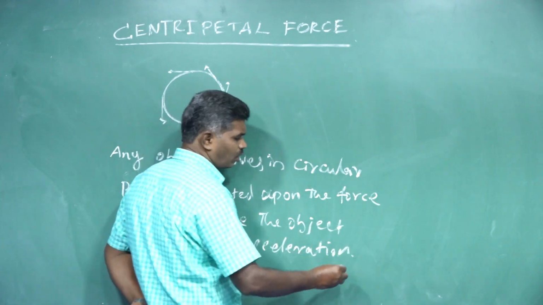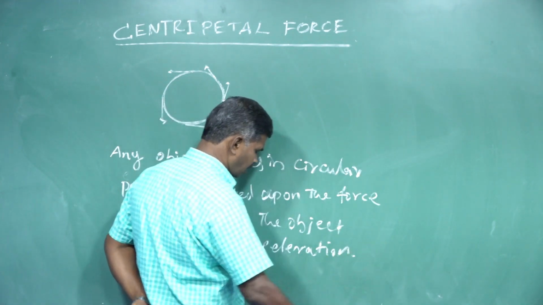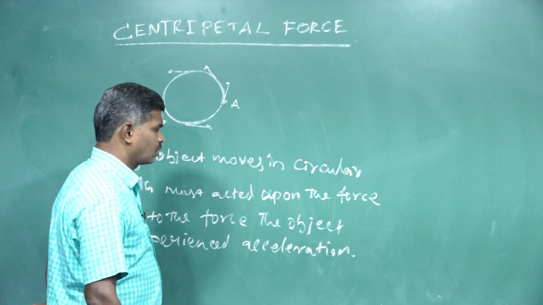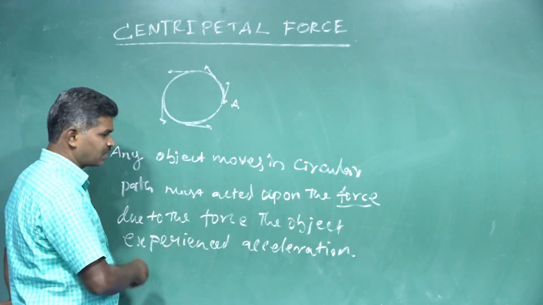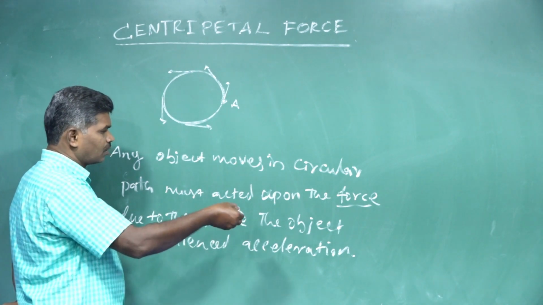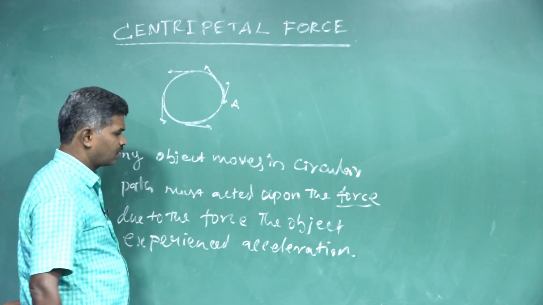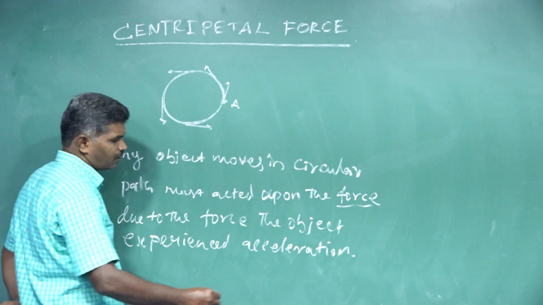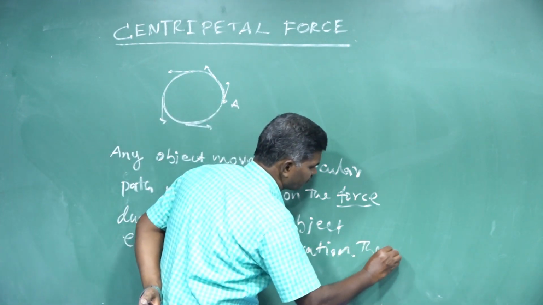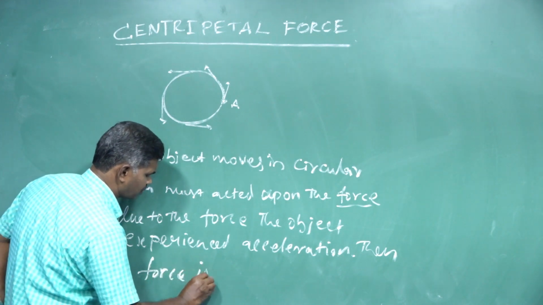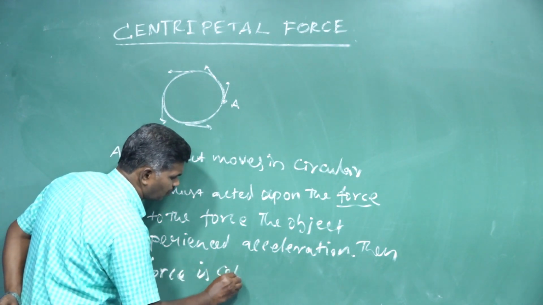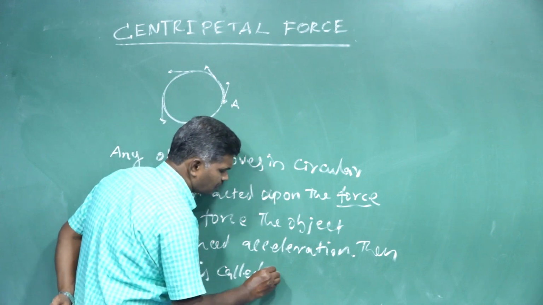This acceleration is also called centripetal acceleration. That force acts towards the center of the circular path for moving the object in a circle. That's why the force is called centripetal force.